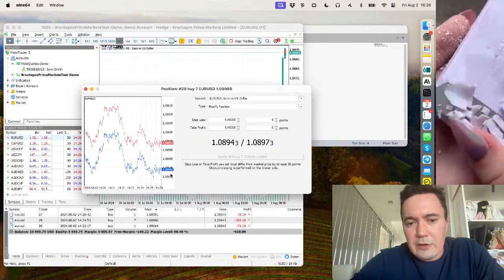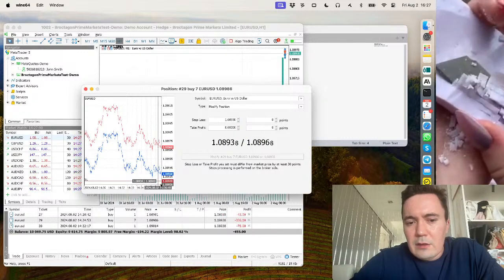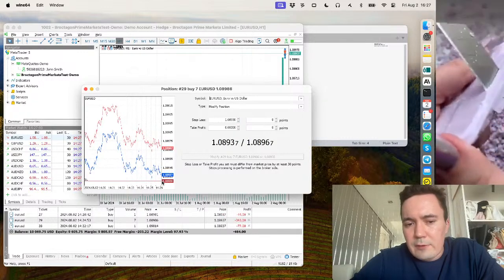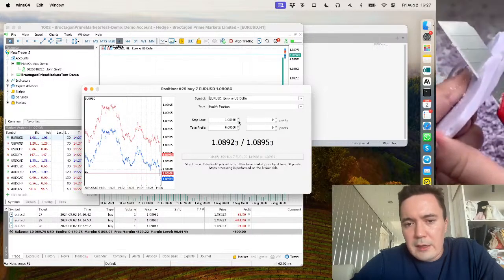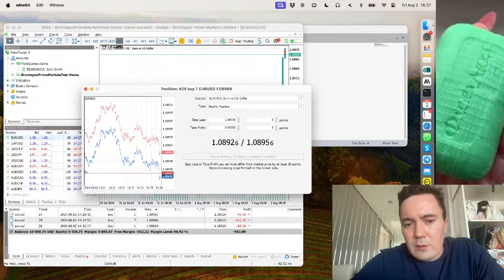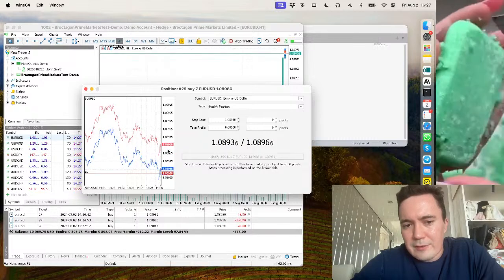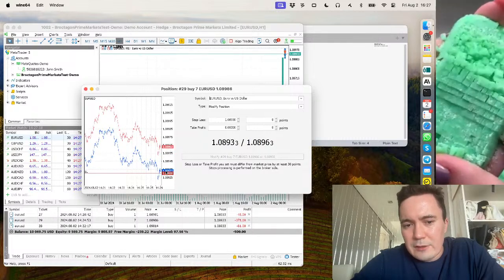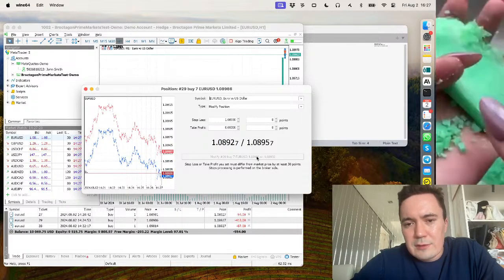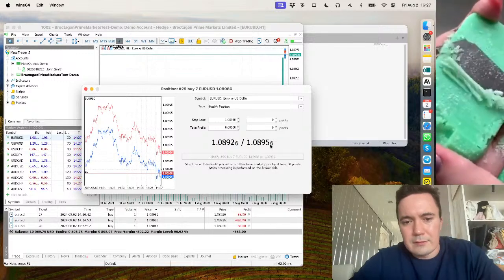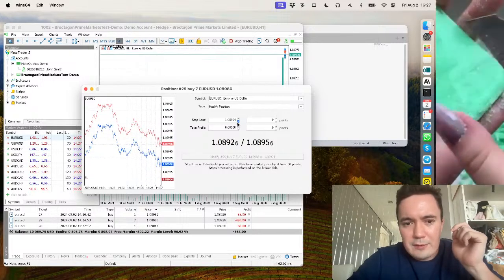This is the current price, and we say if the price goes to this level, just close and don't lose any further. This is a buy trade, so when ask goes to this level, in this case the red price, when it touches this level, just close the trade and don't proceed with losing more money.